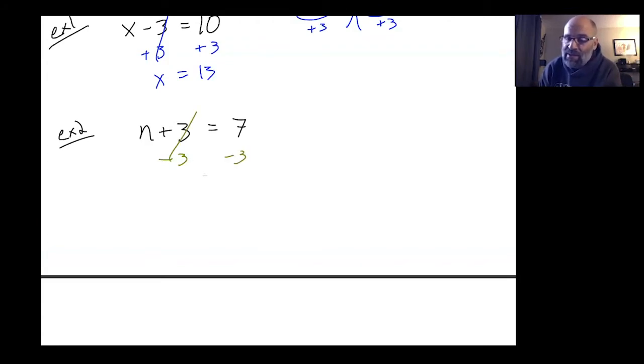So whatever you do to one side, remember you just took weight off of the left side of your equation. So now you have to take the same amount of weight off the other side. When you get there, you get n. 7 minus 3 is 4. Well, you already knew that because you knew that 4 plus 3 equals 7. Okay, so you guys have been doing these equations for a while.